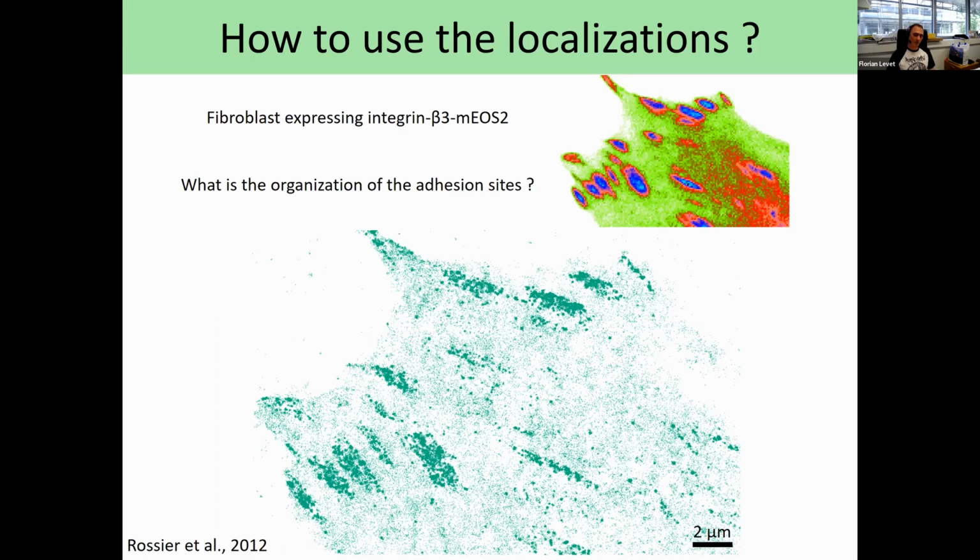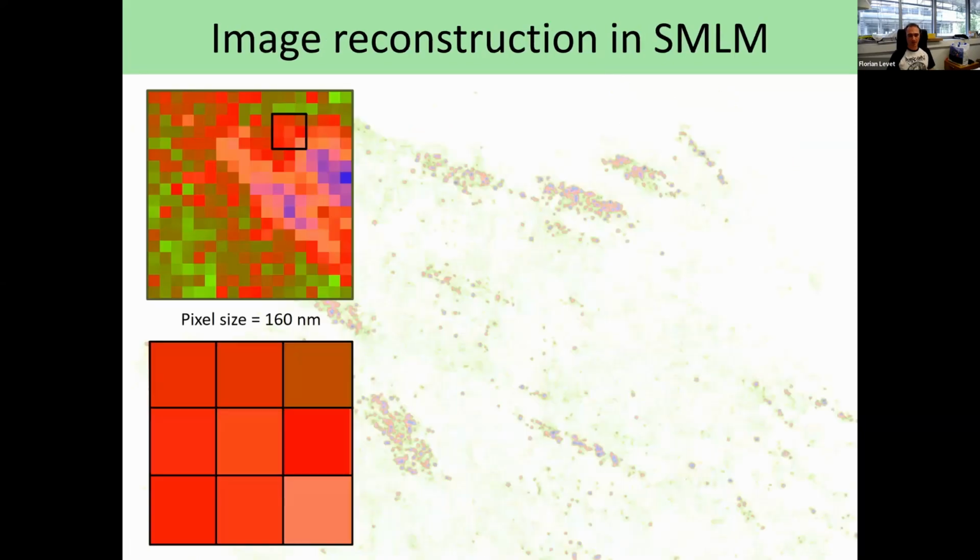So first, what did people do when single molecule localization microscopy was released in 2006? Basically, they went back to what they knew, which is images. But in this case, super resolution images, reconstructed super resolution images. So here you can see, for instance, the diffraction limited image with a pixel size of 160 nanometers because of the camera.